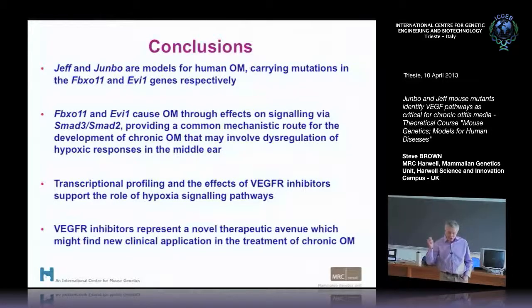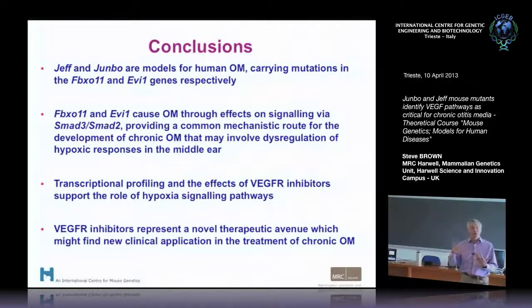And one slide that I actually forgot to put in here, but I'll just tell you now, is that, of course, and we have done this, we can go to the human population. We have thousands of chronic otitis media children out there, and we can analyze their DNA to see whether they're carrying variants in some of these genes that are involved with TGF-beta and HIF signaling.